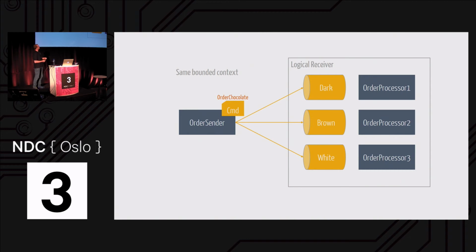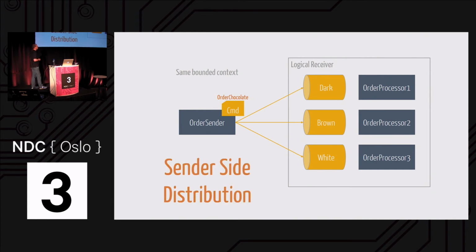It can just use the dark chocolate type, brown chocolate type, or white chocolate type to know to which queue it needs to route, and then the right partition message receiver will pick it up. And he said, for simplicity reasons, I would call this sender-side distribution, because the sender determines by the partitioning function where the message has to be routed to.